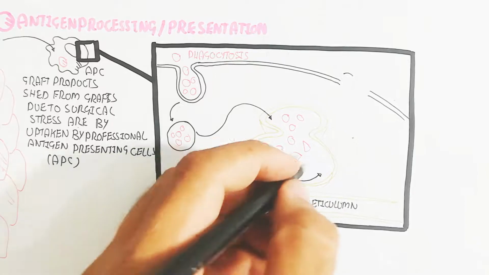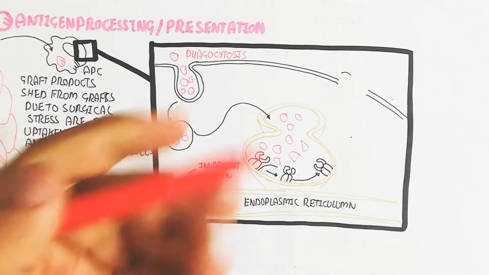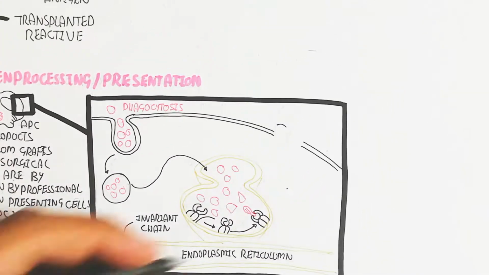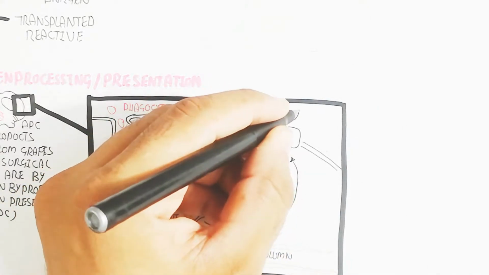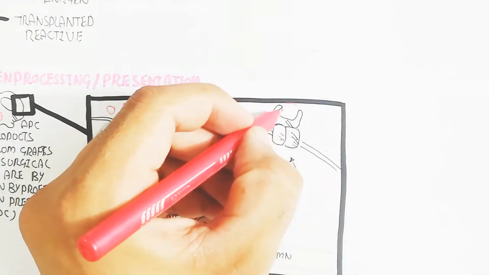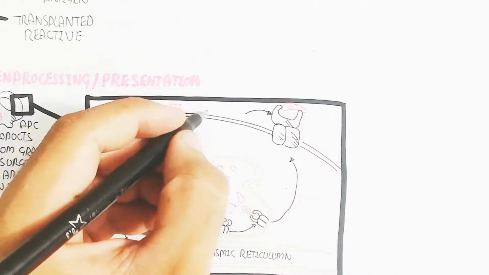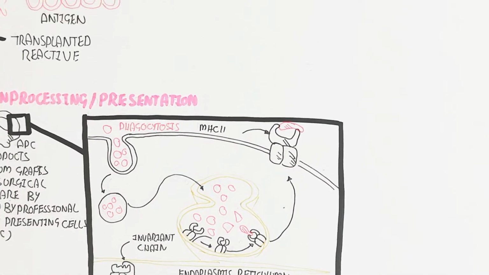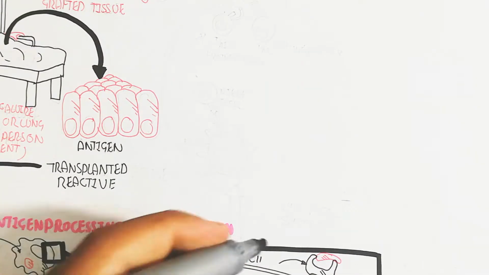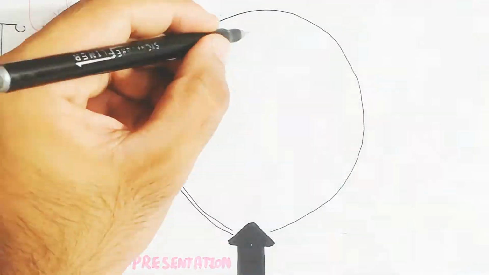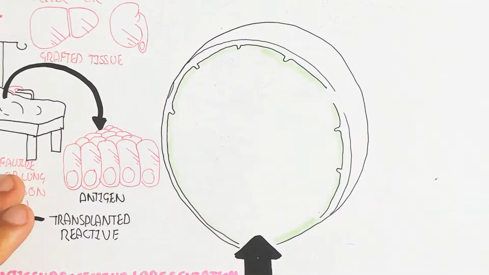So here you can see, in this way the invariant chain will be separated, and after this the antigen is presented at the plasma membrane. The MHC class 2 molecule shows the antigen to others and goes into the lymphatic system.